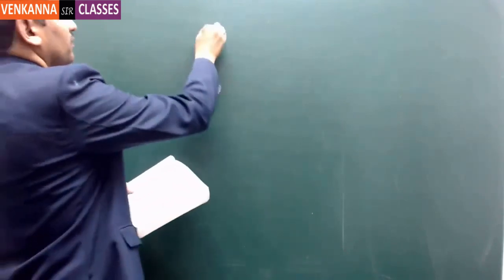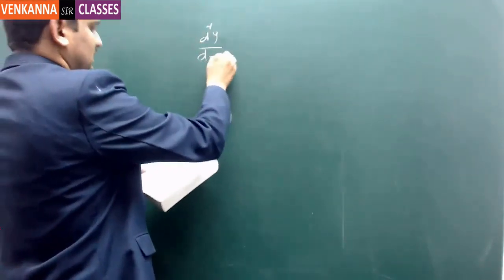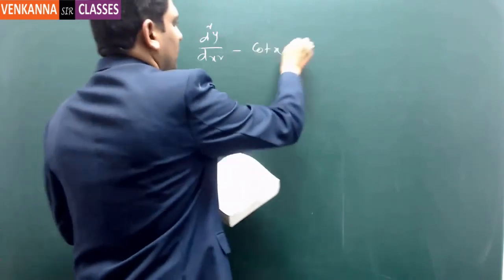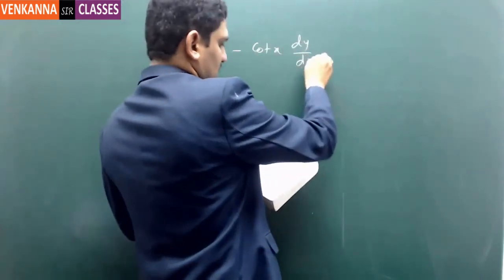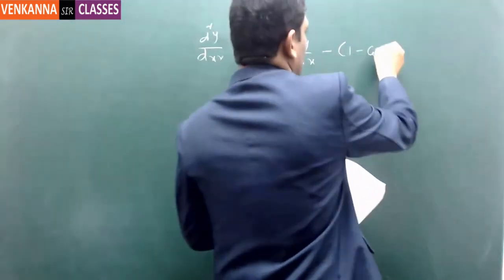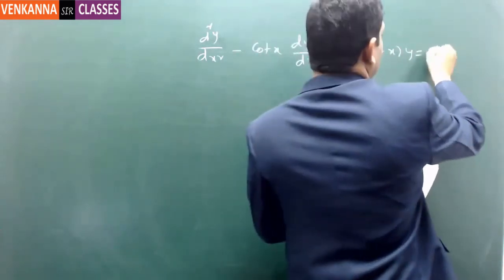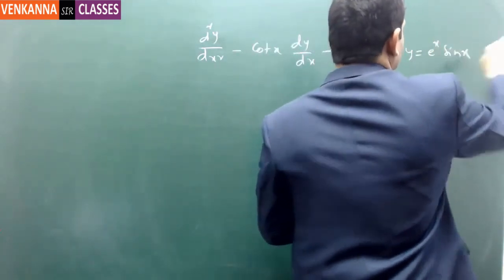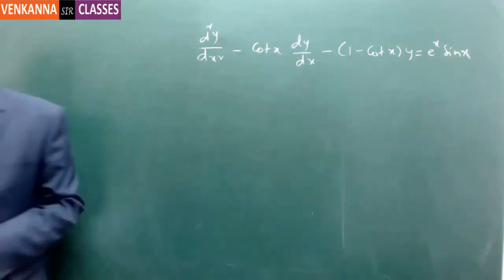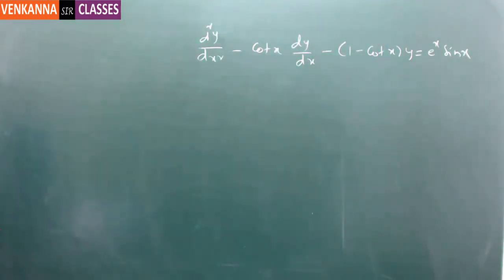So the problem is d square y by dx square minus cot x into dy by dx minus of 1 minus cot x of y is equal to e power x into sin x. So please note down the problem and tell me which function will be the solution of it.